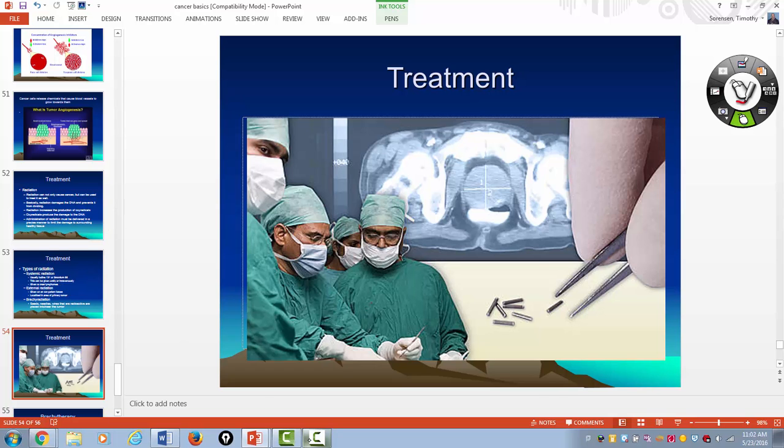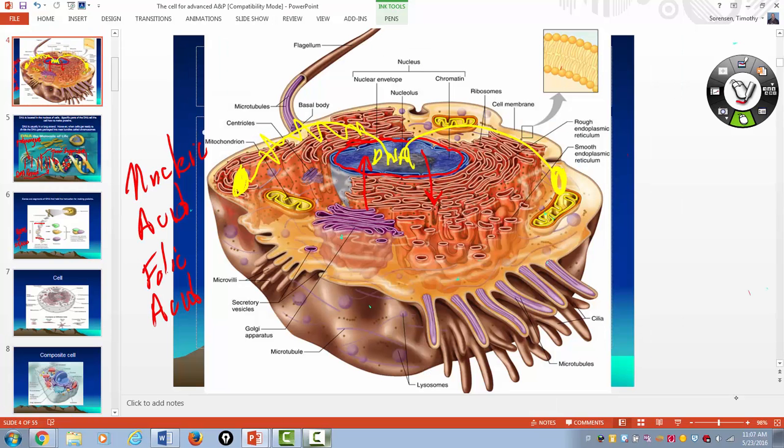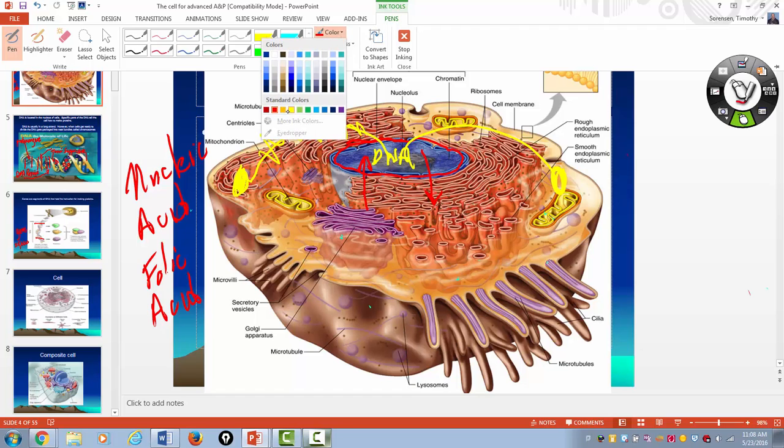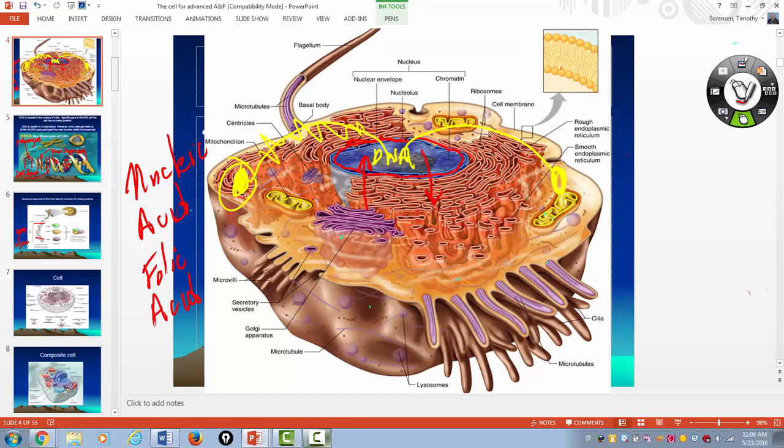Now, you can prevent the DNA from replicating, right? Or you can just damage the DNA and destroy it. So that's one and two. And then you can prevent the process of cell division. If you remember from general and advanced, you have these little centrioles.